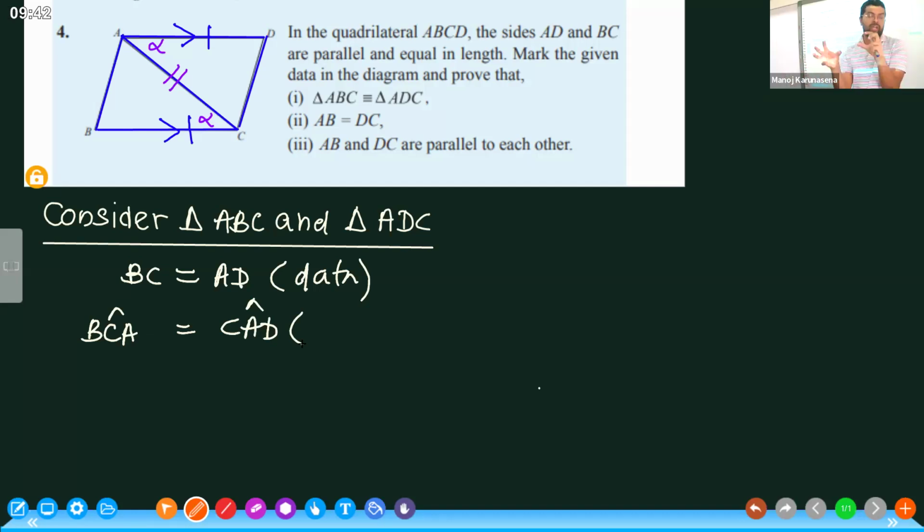The value of the alternate angles are equal. AD is parallel to BC. Let's put a comma. And also these angles are alternate angles.